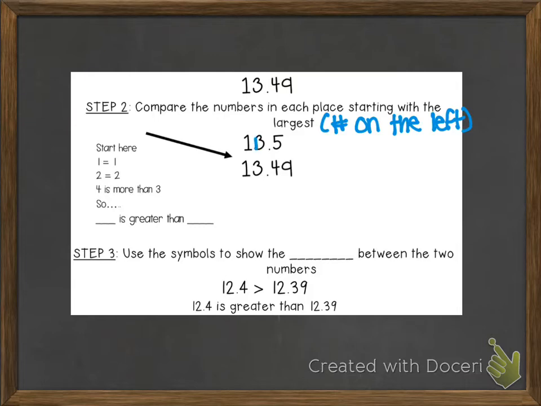So that means you're going to start on the left right here with the ones. If they are the same number, then you have nothing to do but move on to the next number.